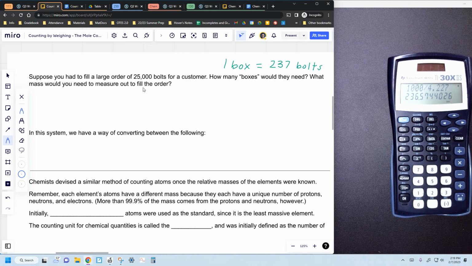So following our analogy here, what if you had someone who needs 25,000 bolts, okay? The quickest way to measure those out is not to measure their mass or count them. The quickest way to do that would be to pull the correct number of boxes off the shelf, right? Because I've already made them 1 kilogram each. I know that there's 237 bolts in a box. So that's what I'm going to do. I need 25,000 bolts.